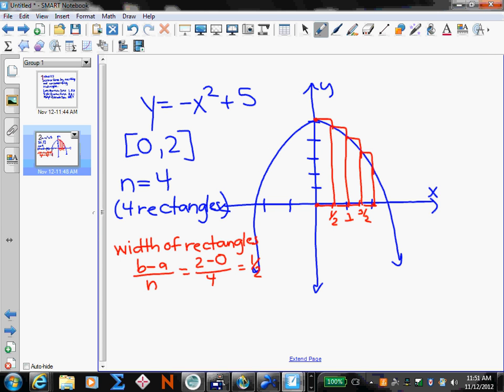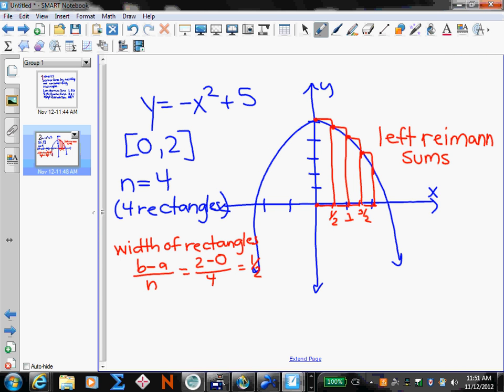So that is what left Riemann sum looks like in this case, because the left top corner of my rectangle is the point on the curve.